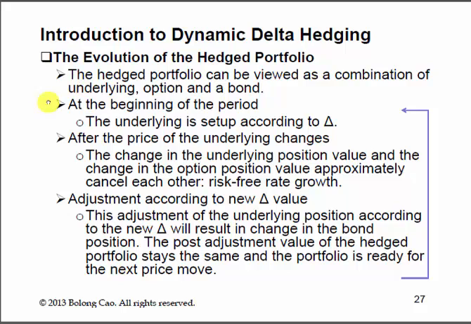So at the beginning of the period, the underlying position is set up according to delta. Now, after the price of the underlying changes, the change in the underlying position value and the change in the option position value should approximately cancel each other. Okay, this will give you the risk-free rate growth.